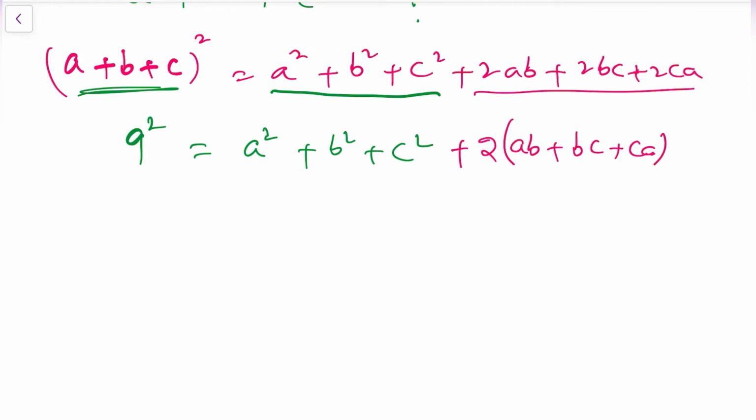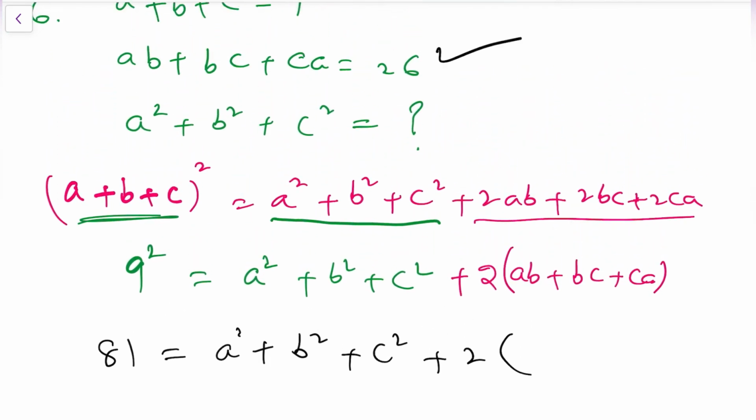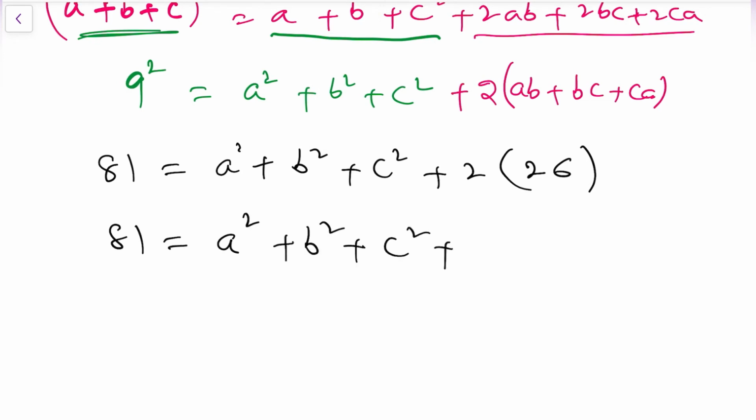So here left side we have 9 square. 9 square is nothing but 81, which is equals to a square plus b square plus c square plus 2 into ab plus, sorry, bc plus ca. Value he gave it as 26. So ab plus bc plus ca is nothing but 26. Now 81 is equals to a square plus b square plus c square plus 2 into 26. It's nothing but 52.